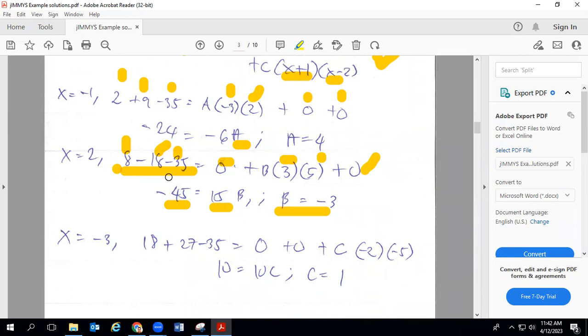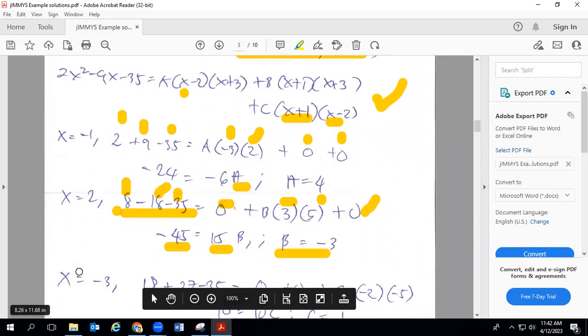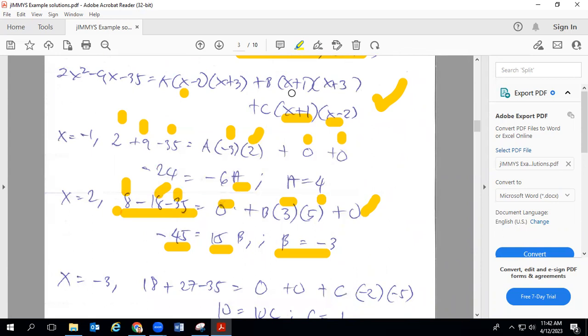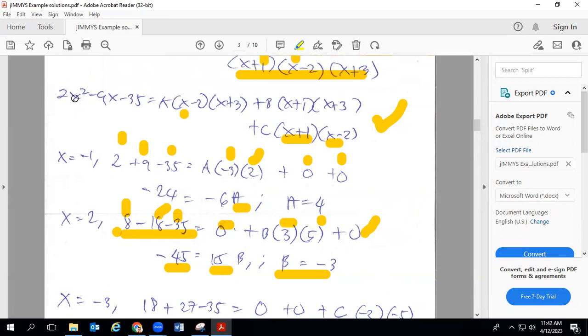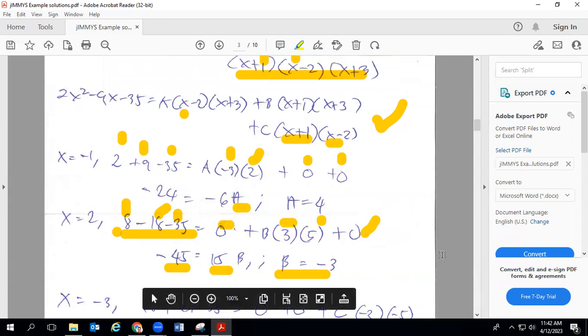And continue with the substitution. You have your negative 3. Why negative 3? x is equal to negative 3, so that we can eliminate this part. Okay, x plus 3, negative 3 plus 3 is 0. Similar also in this part. So substituting here, it will still give you these values.